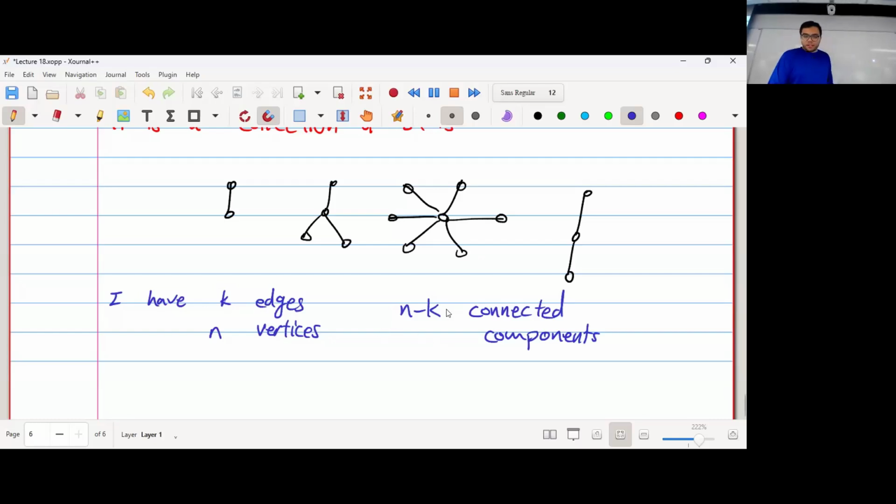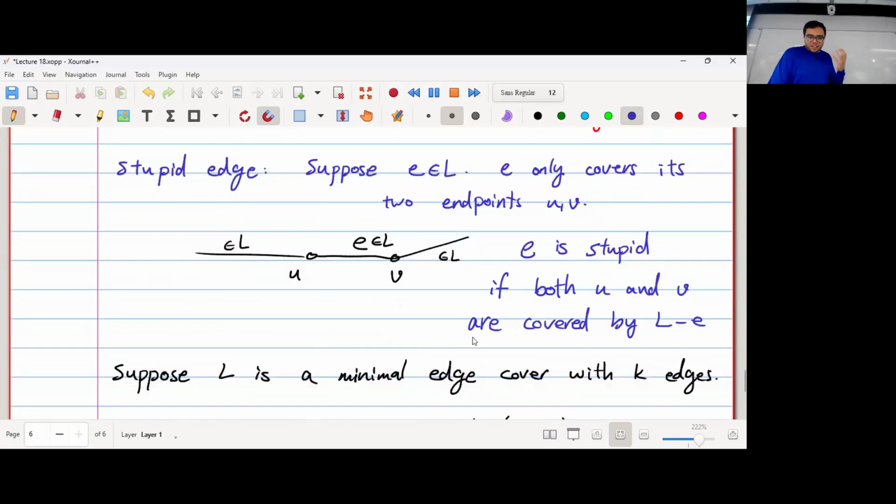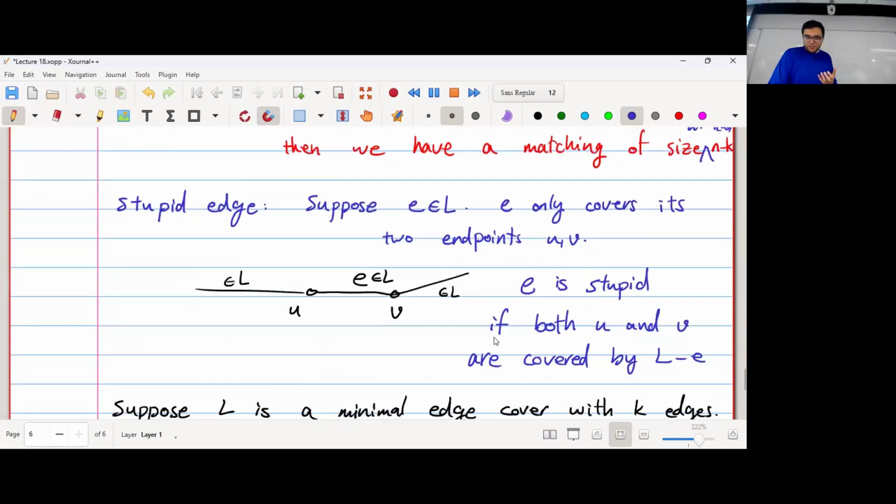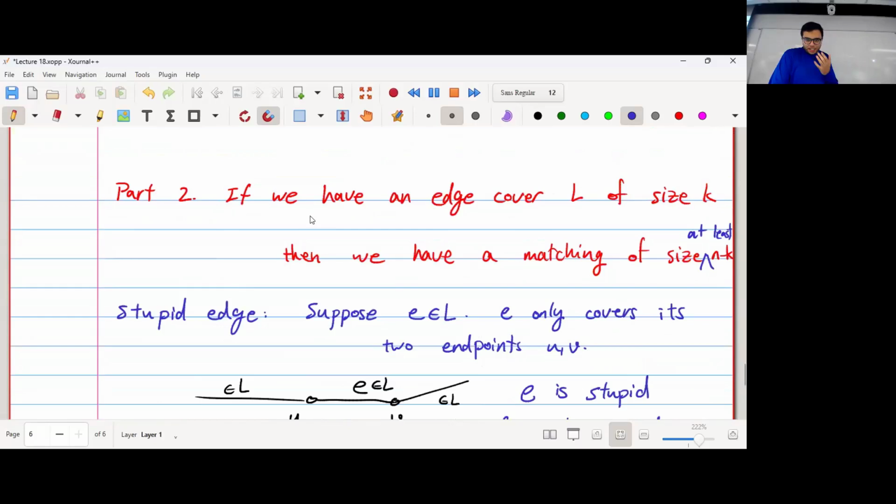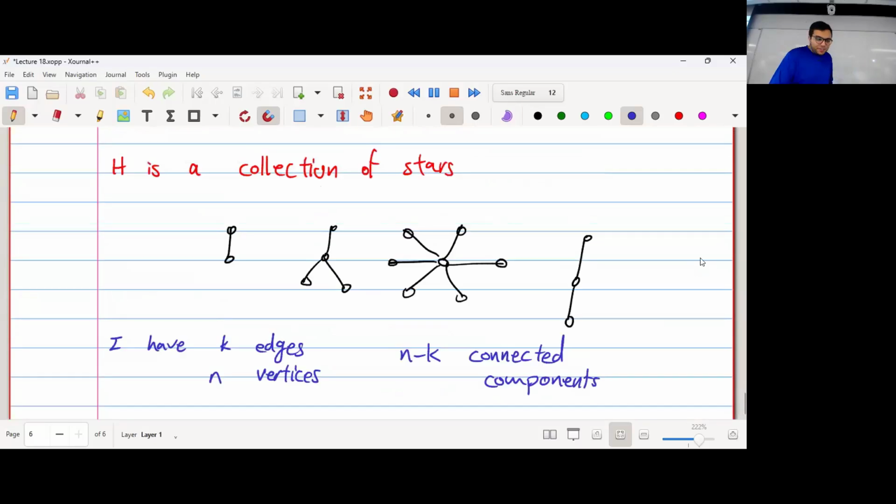Okay, but where am I? Where did I start from? What did I want to prove? I wanted to prove that if I have an edge cover of size K, then I have a matching of size N minus K. But now I have this graph, and it's a subgraph of my original graph, right? Because it's just taking the edges in L and removing all the other edges. And it has N minus K connected components.